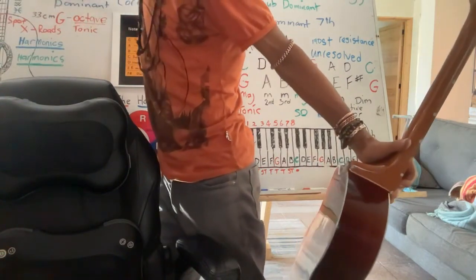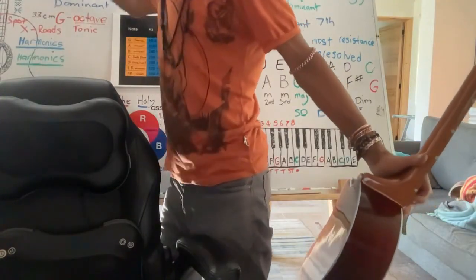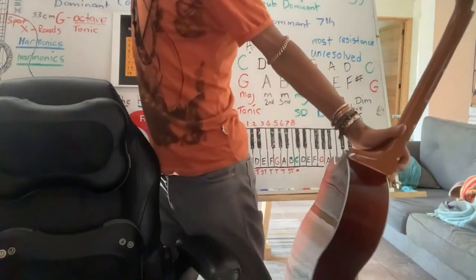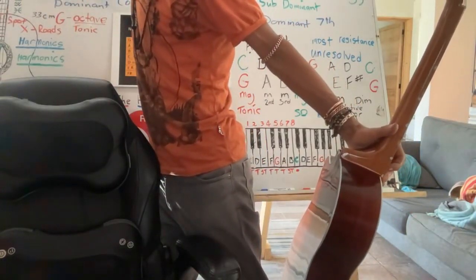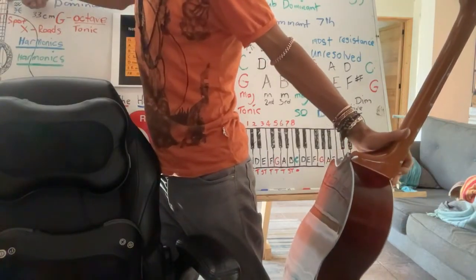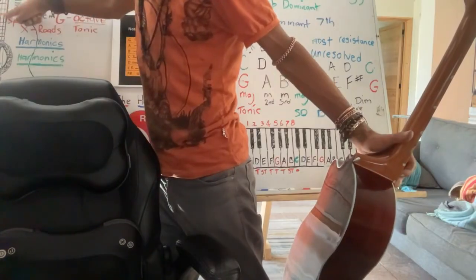Those are the only three major chords if you're doing diatonic scale tone chords. But see, the second here will be a minor, the third will be a minor, the fourth a major, the fifth a major, the sixth a minor, the seventh a diminished, and back to a major.